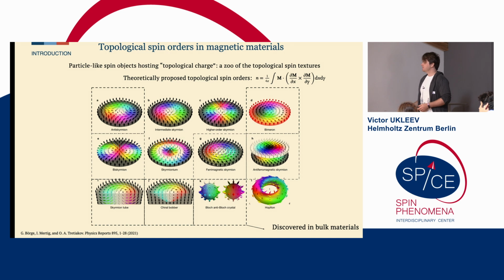Some of these materials that are highlighted by these boxes have been already observed in bulk forms of magnetic materials, but some are still scarce. My main interest is to investigate the magnetic interactions that can potentially lead to any kind of topological and non-trivial spin orders in centrosymmetric and non-centrosymmetric magnetic materials.